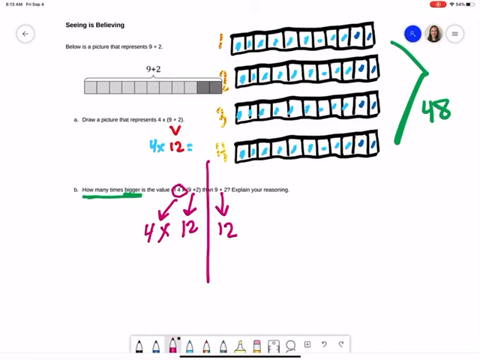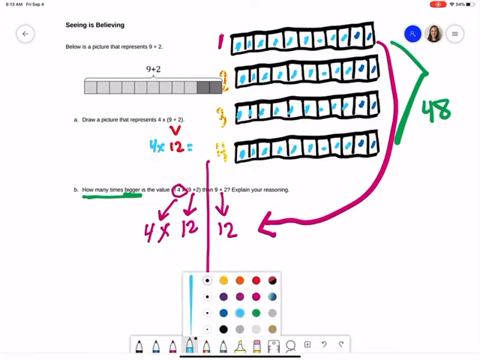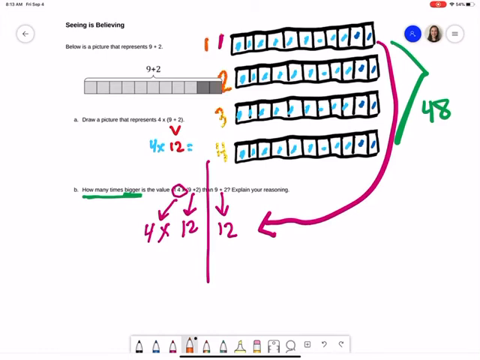So instead of just having this one group of 12, we have 1, 2, 3, 4 groups of 12, which is shown right here.